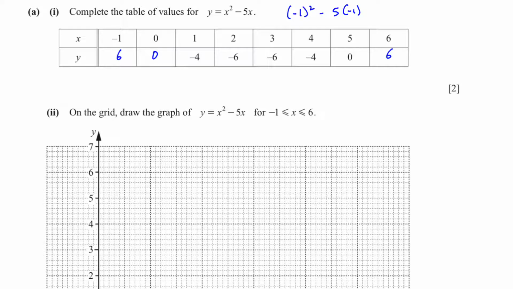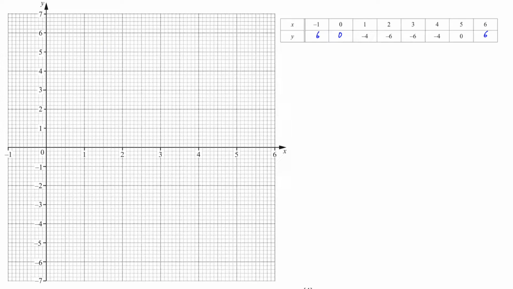A2, on the grid, draw the graph of y is equal to x squared minus 5x. So when x is negative 1, y is 6. And when x is 0, y is 0. So that's how we are going to plot all the points.